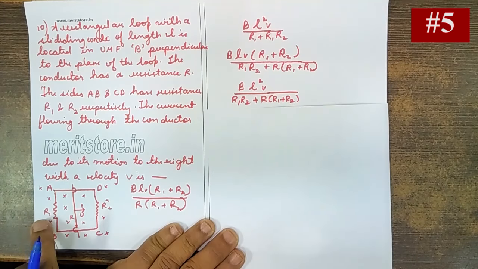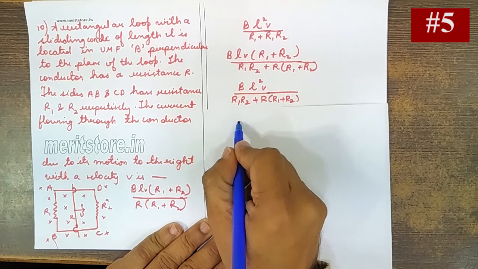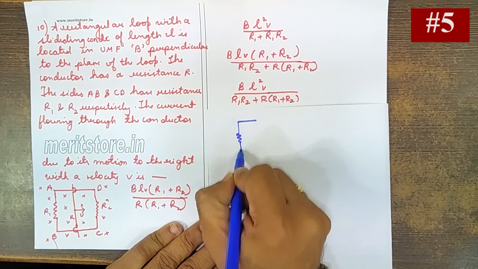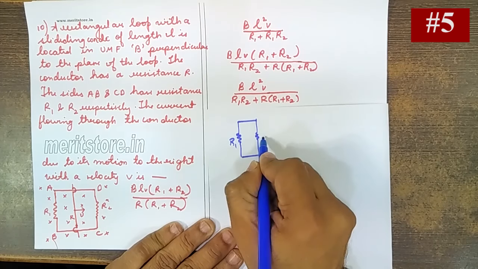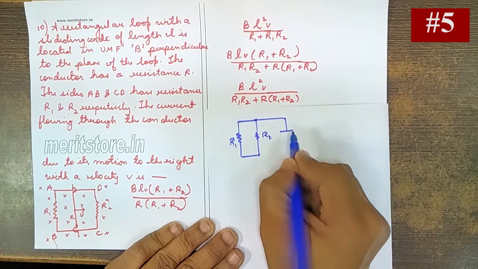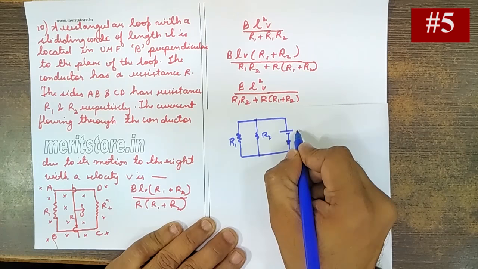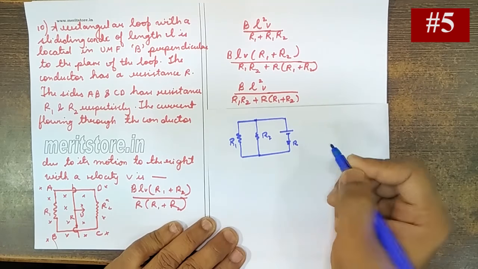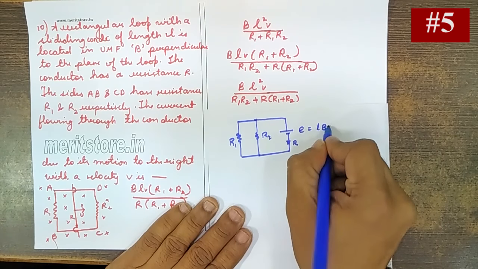So I am having two resistances R1 and R2 with a slider whose resistance is capital R. So my diagram will be, this is R1, parallel to this is R2, and the slider which is moving with a velocity will act as a source and its resistance is R. Now this source will have EMF E is equal to LBV as discussed earlier.